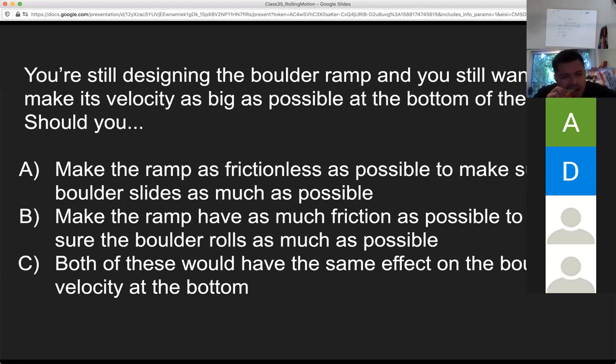Going once, twice. Sold. All right. Most people said A.